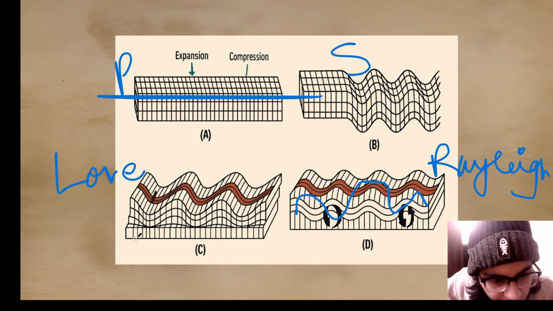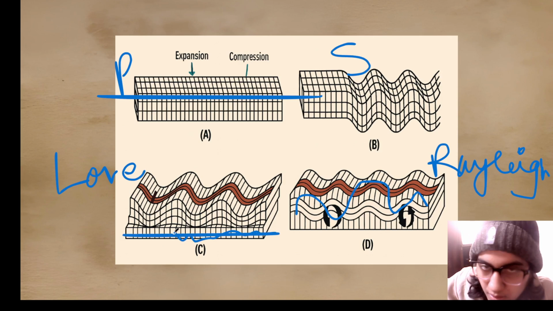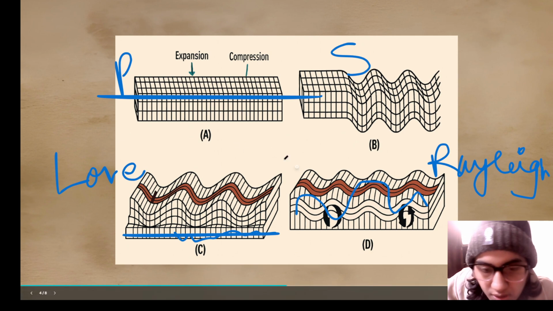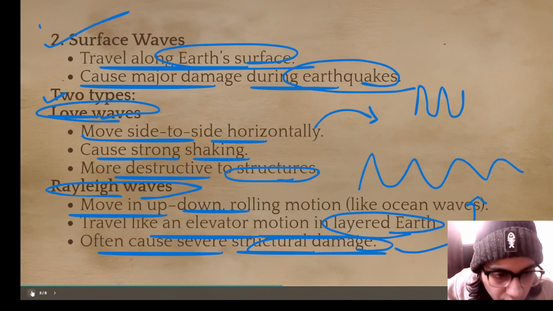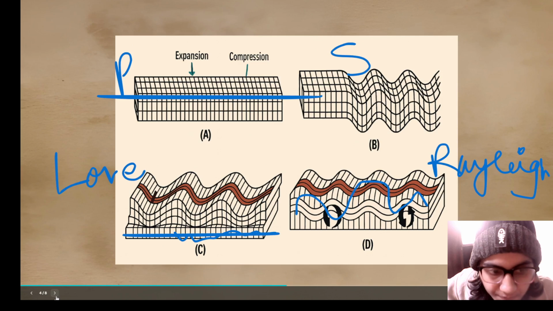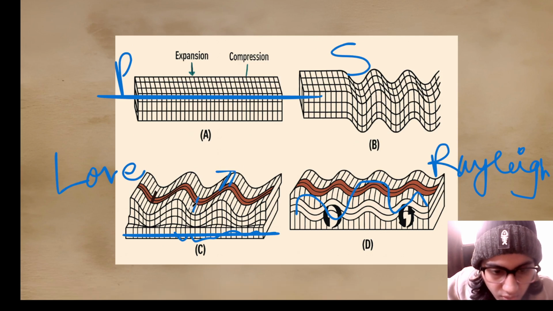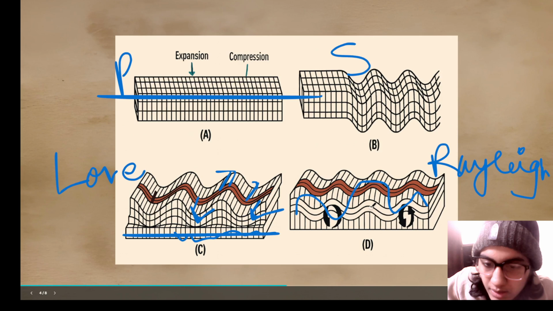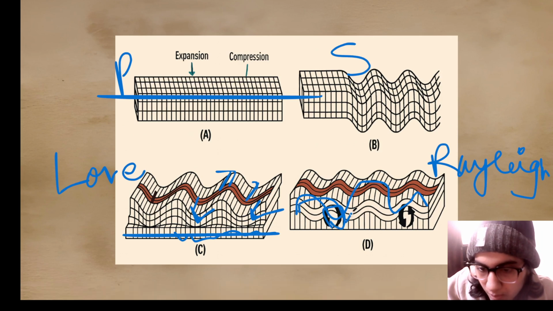In the love waves, you can see this last layer doesn't have the curve structure. So you can see the pictorial form of all these waves, how they travel. Love waves travel horizontally side to side, and these are up and down, so you can see it's a whole motion.